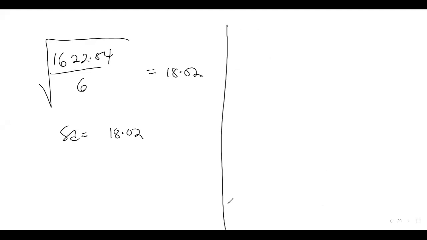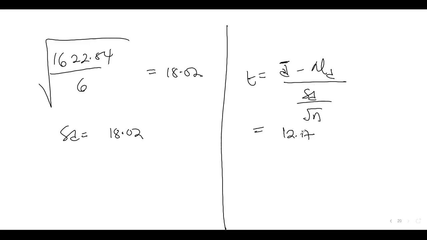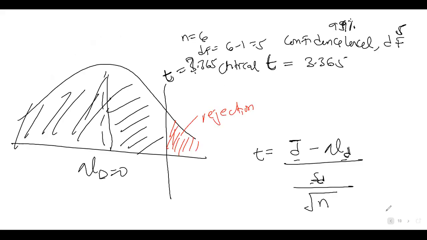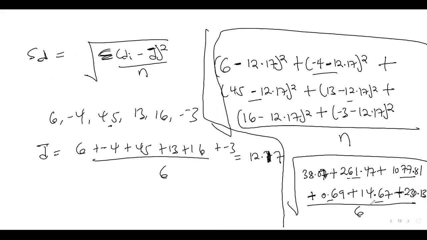We said our computed T is equal to the sample difference minus the population difference, all over the standard deviation over root n. The sample difference we had was 12.17, the average sample difference.